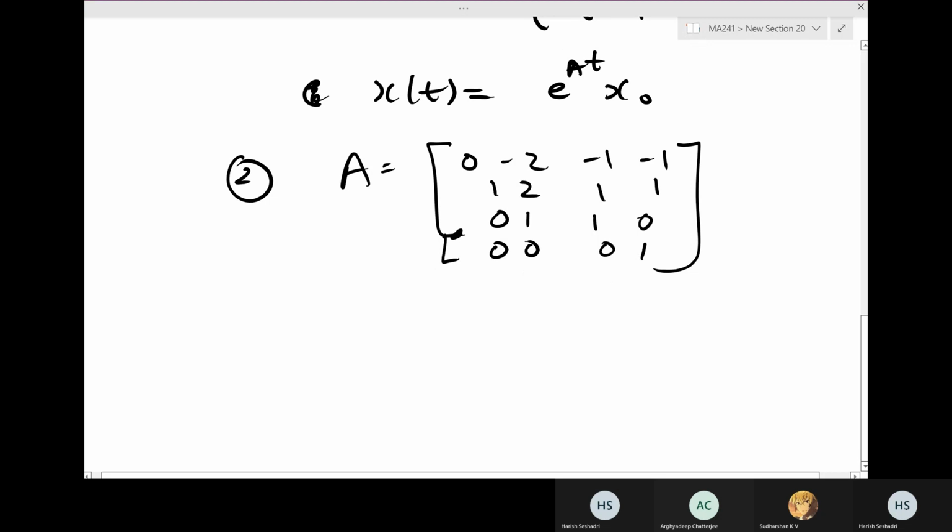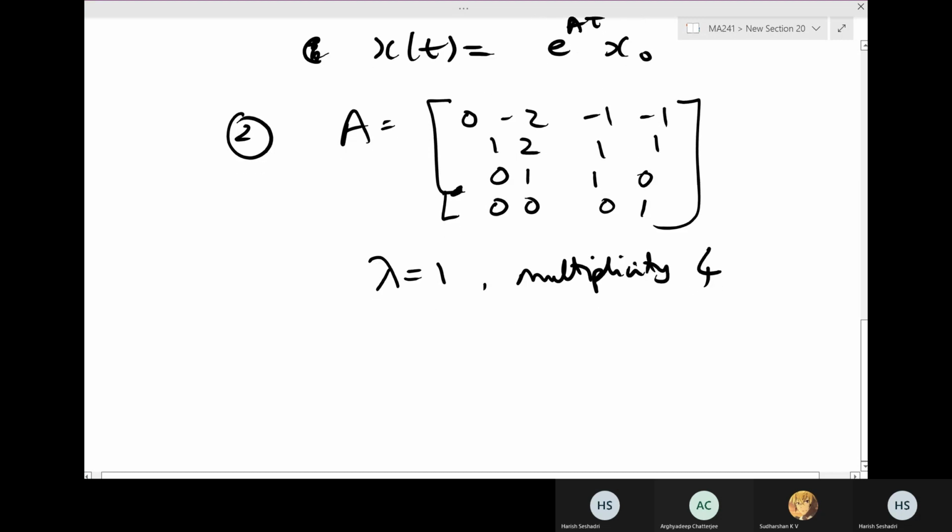So if one calculates the eigenvalues of this matrix, it turns out that lambda equal to 1 has multiplicity 4. So again, just one eigenvalue.